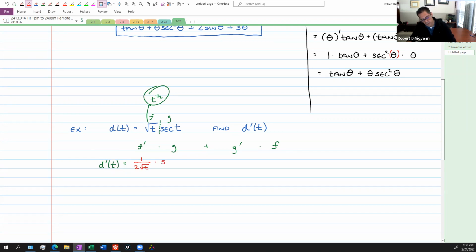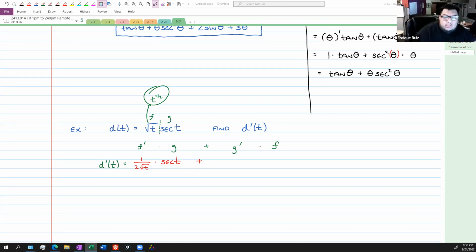Then times G, so secant T. And then plus, now the derivative of G. So what is the derivative of G? Enrique, are you here? Yes. What's the derivative of secant T? Did you look it up?